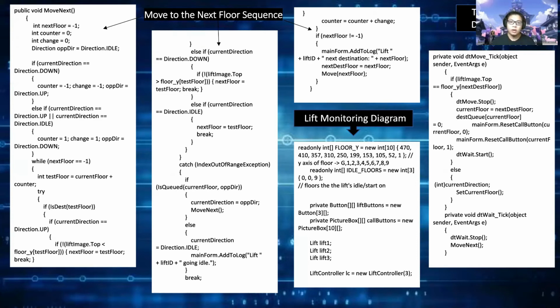As you can see, we have 10 floors and 10 y coordinates, from G to the ninth floor. We have set the idle or starting position of our lifts: two at the ground floor and one at the ninth floor.